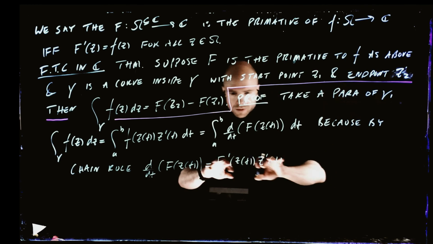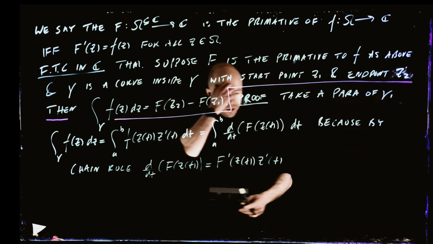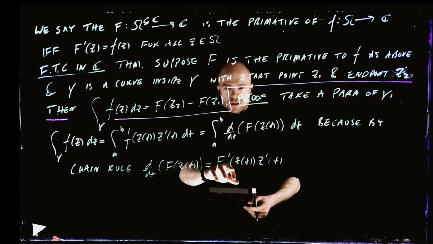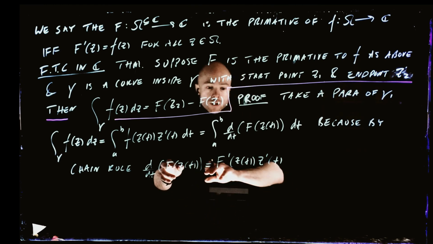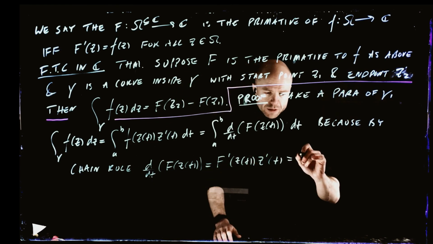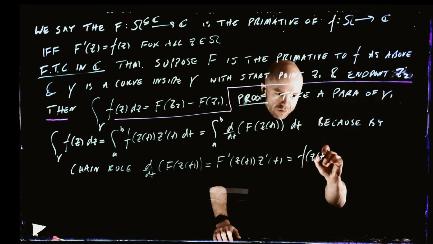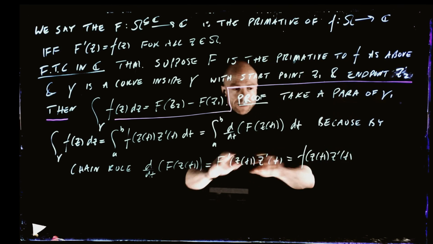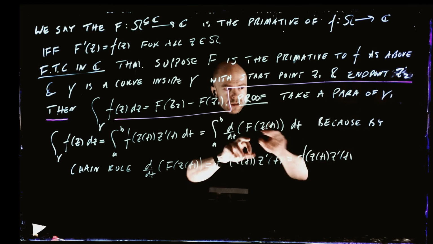Another example of doing the chain rule. I think this was what I set you for last homework, or at least the first homework. So this is something you should be happy with. So this is true, and by definition, this is f of z of t times z prime of t, because the complex derivative of capital F is exactly this. So this step is true.